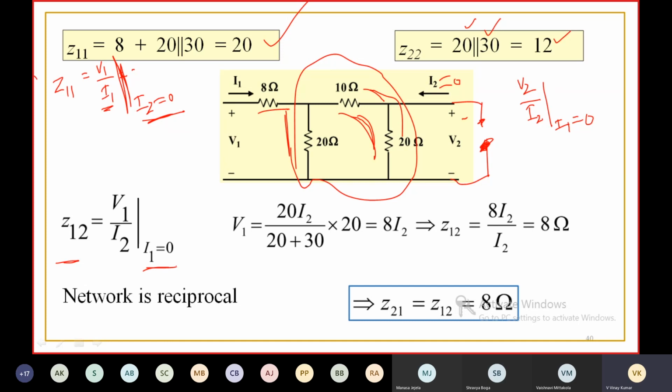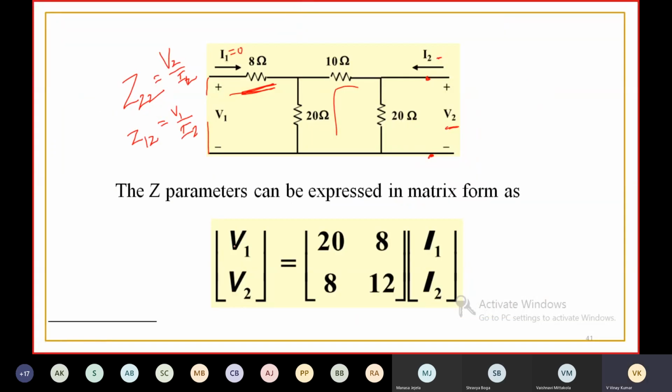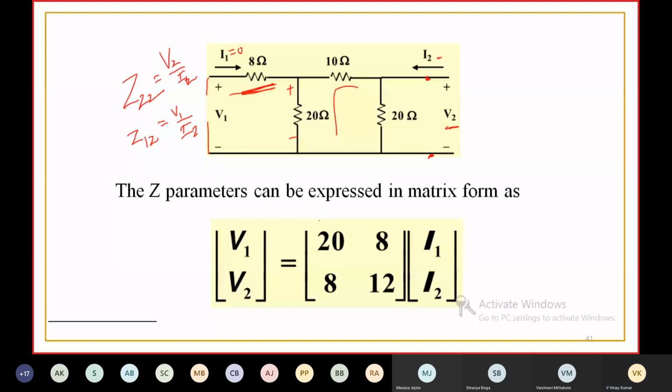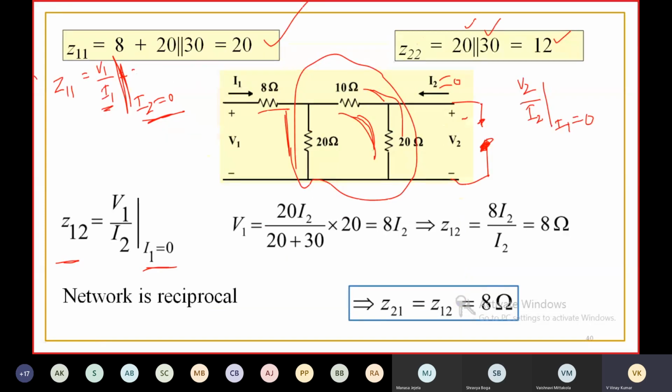Now Z12, when you make I1 0. V1 is equal to the voltage across the 20 ohm resistor. V1 is equal to the current through this multiplied by 20.